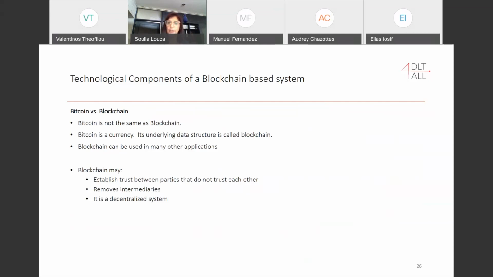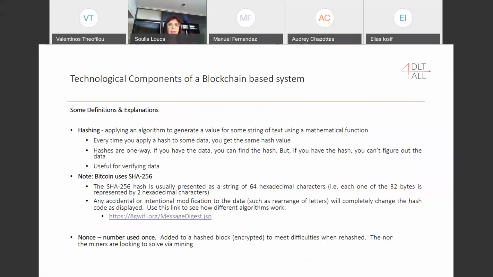And blockchain can be used, as we're going to see, in many other applications. It establishes trust between parties that do not trust each other, removes intermediaries, and it is in fact a decentralized system.